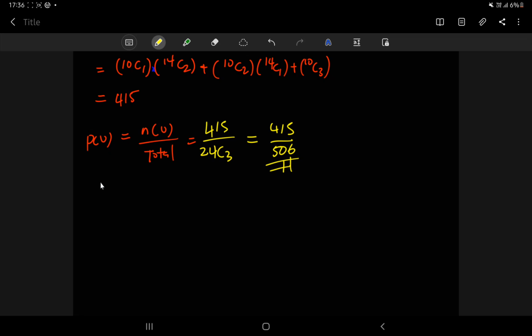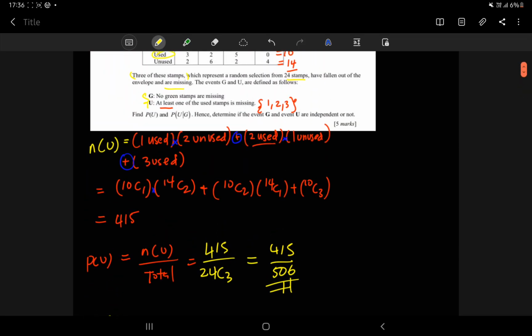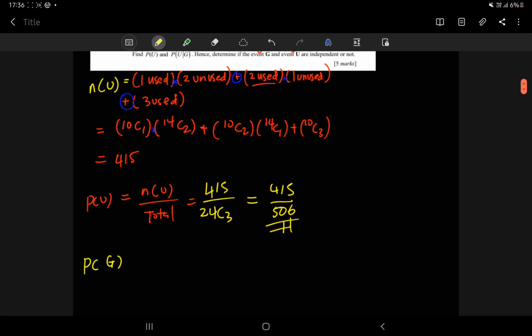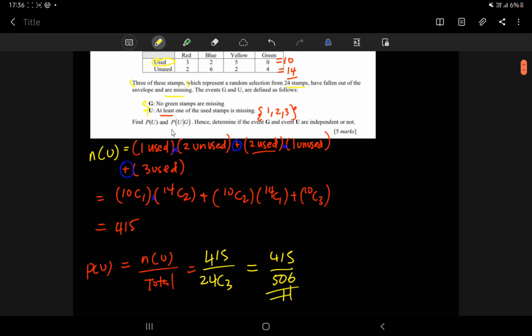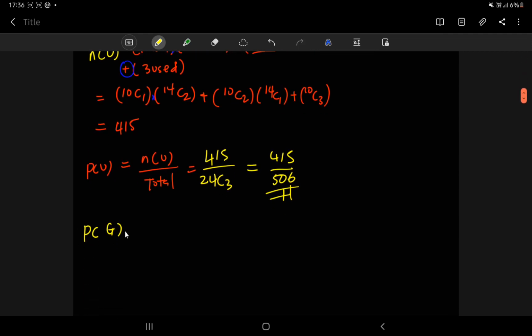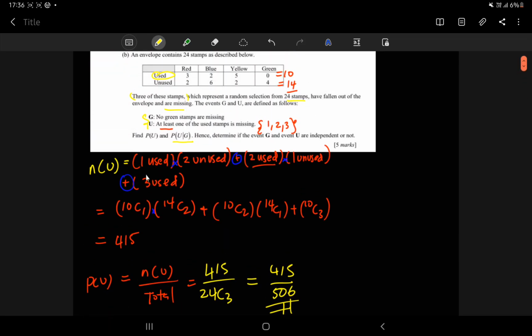For the purpose of the video, I will also find the probability of G, because even though the question doesn't ask for it, for the probability of U given G you will need to apply the probability of G inside the conditional probability.